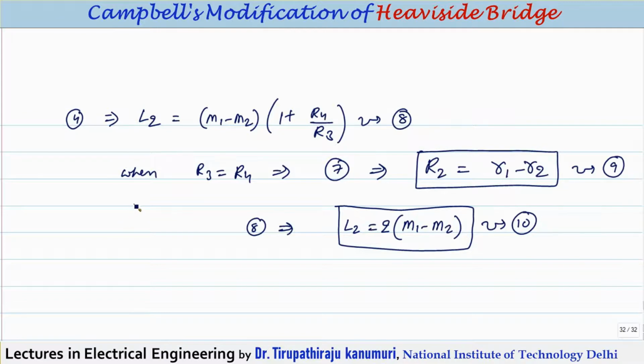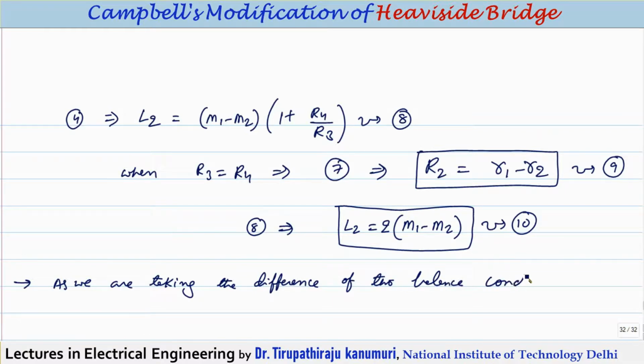So this has some advantages and disadvantages also. The advantage is, as we are taking the difference of two balanced conditions, the effects of leads, that is connecting leads etc., are eliminated, because the effect of leads and other things will be the same in both cases.